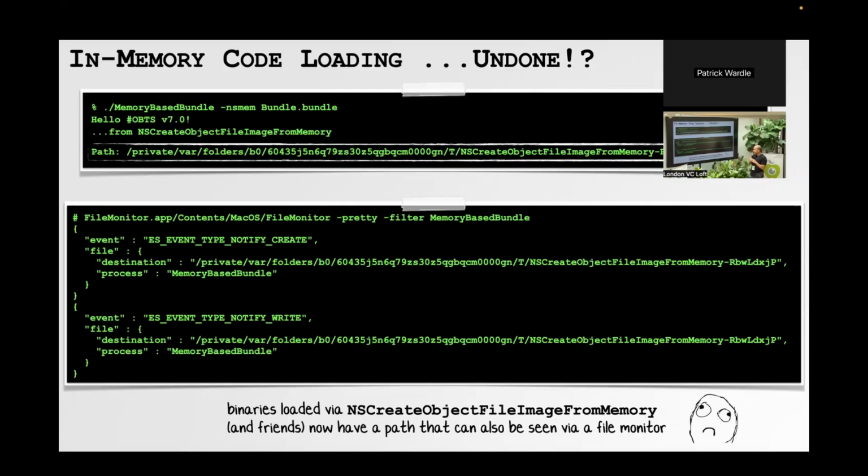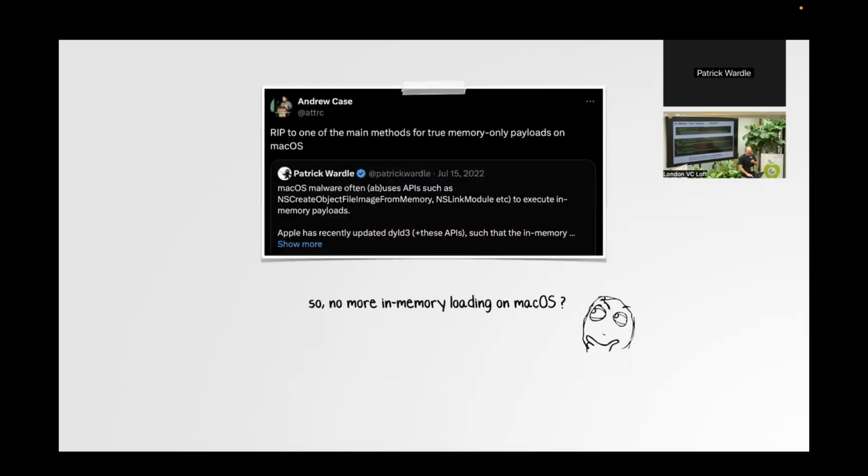That really is a bummer because it basically means that in-memory loading is completely undone. Security tools can now monitor and scan the temporary directory and pick up the payloads when they're written to disk. Yeah, not cool.